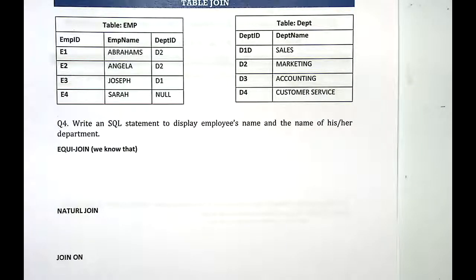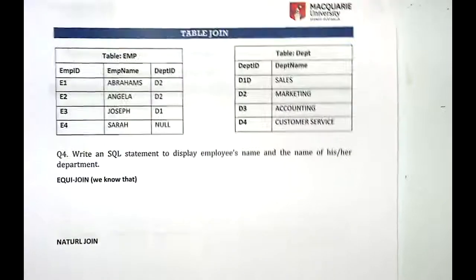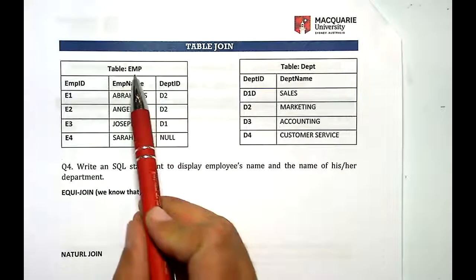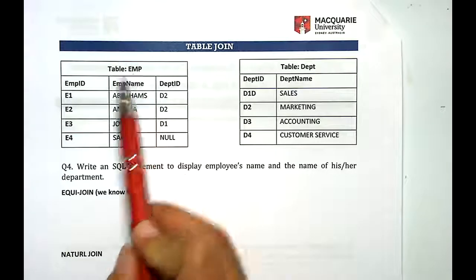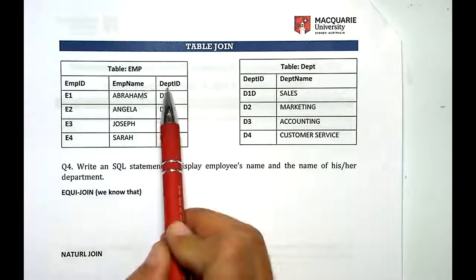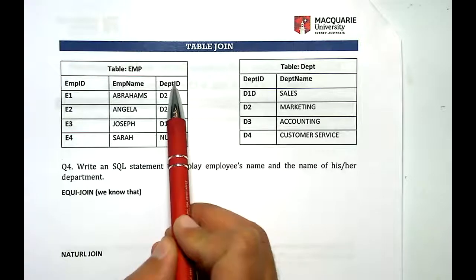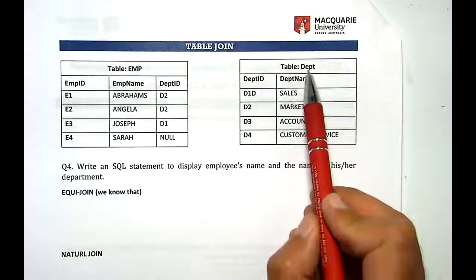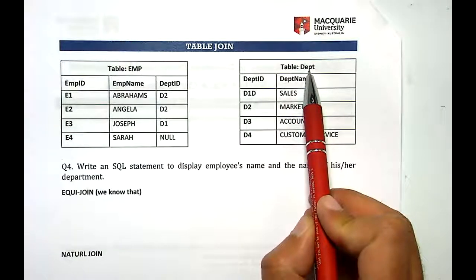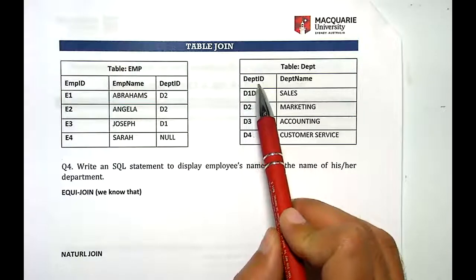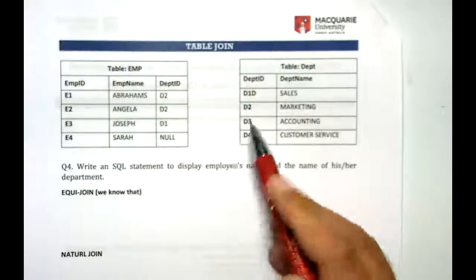Some of them could be useful in special cases. If we have two tables, we have an employee table with employee ID, name, and the department ID they work at. And we have another table called department, and the fields are department ID and department name.